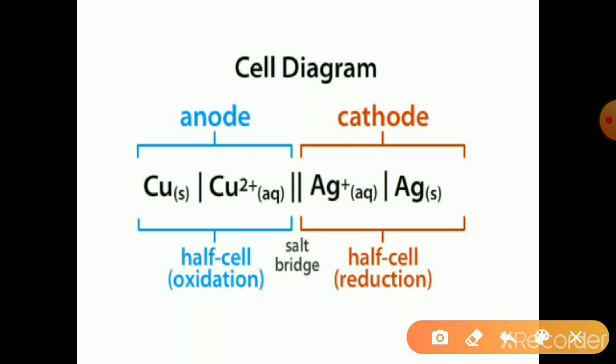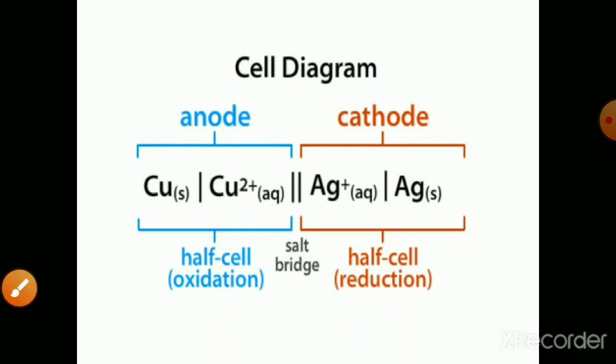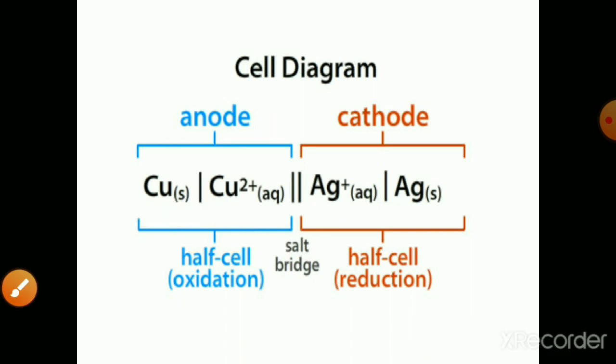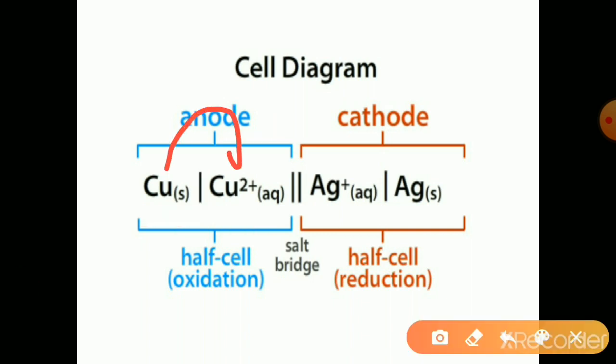So this is about the shorthand representation of a cell. Anode is denoted to the extreme left, cathode is denoted to the extreme right. On the anode oxidation takes place, so the metal strip is in contact with its metal ion. It is shown by a vertical line, and first the metal in the metallic state is written and then its ions are written, because oxidation takes place.